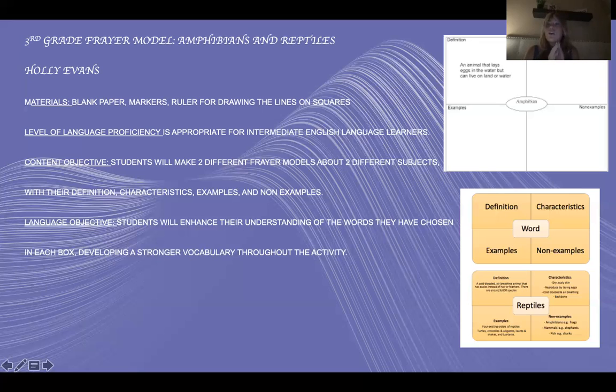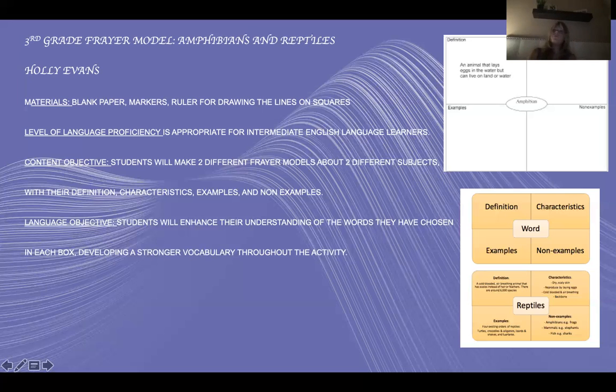Okay, and then in y'all's first box in the top left corner, we're going to write definition with one color marker. Then the second box, I want you to grab a different color marker and write down characteristics. That's spelled CHARACTERISTICS.